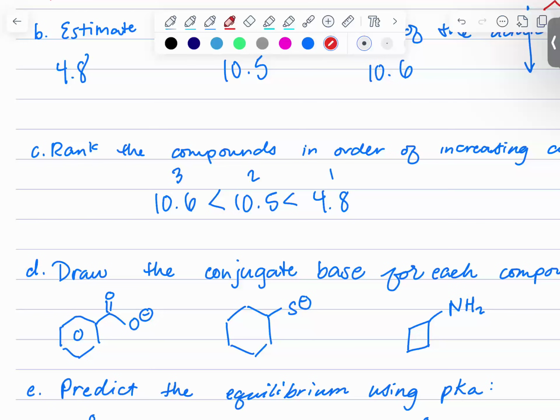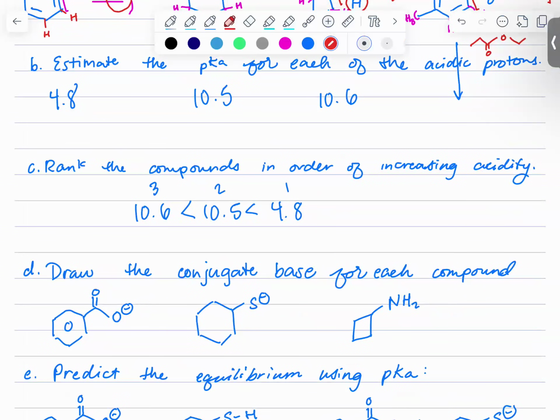Okay. So acid and base, what is the relationship between an acid and a base? Well, the difference between an acid and a base is one has a proton to give and one is able to take a proton. And so when you have an acid, drawing the conjugate base means you're just drawing the base form of the acid.